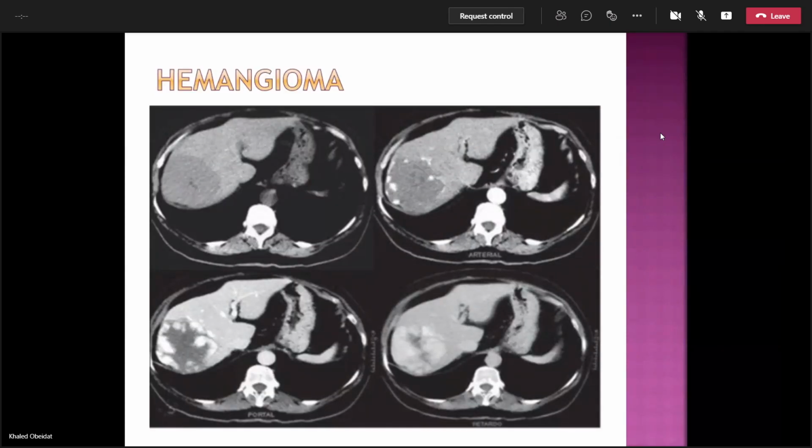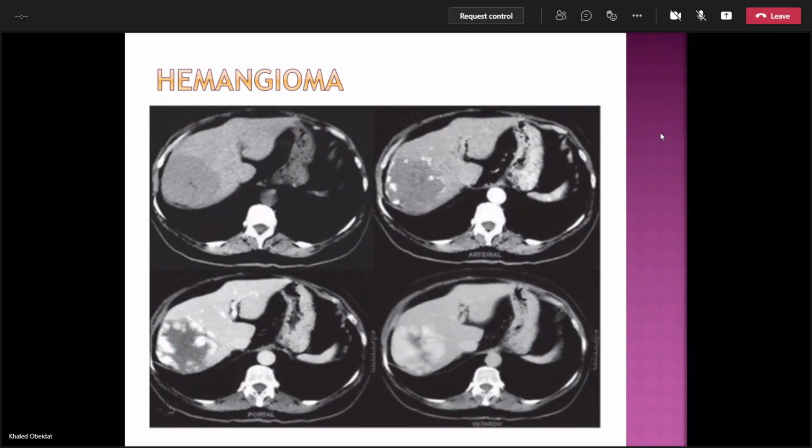How do we diagnose hemangioma? Usually by imaging. What characterizes the hemangioma is that we do imaging, what we call liver protocol CT scan or MRI, which is triphasic. The first phase is the arterial phase, where the contrast is in the arterial system. Then we have the portal venous phase, and then the delayed phase.